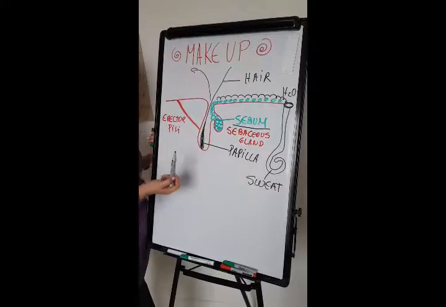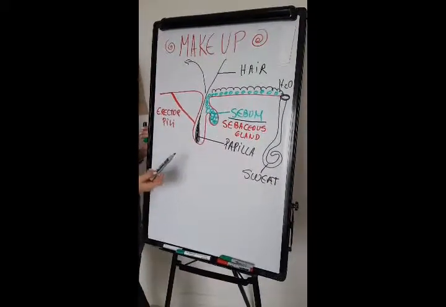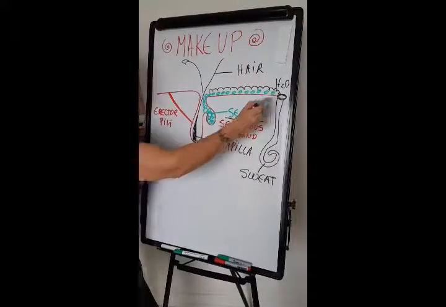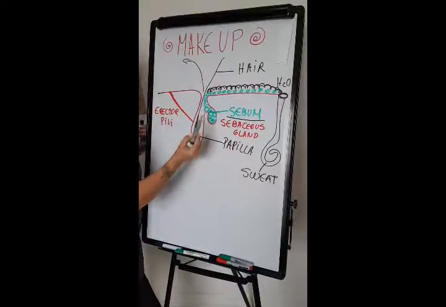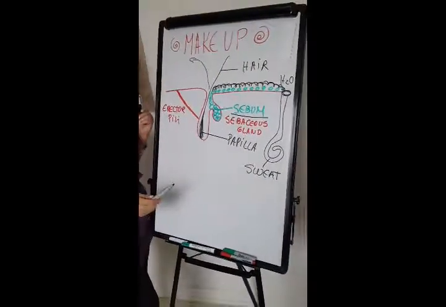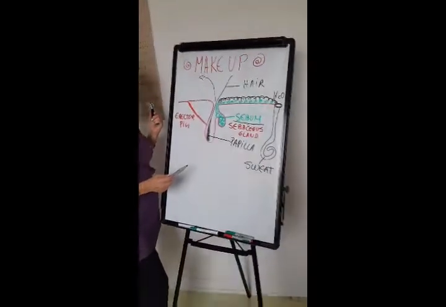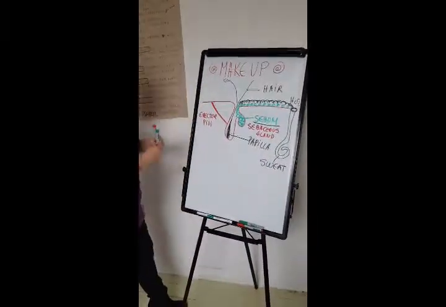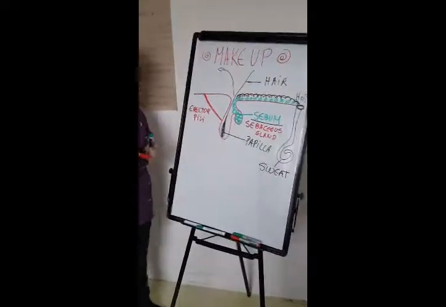But if we have underproduction of sebum, we will have dry skin. Water always comes out from our sweat glands and sits on our skin, giving us another function, which is protection.